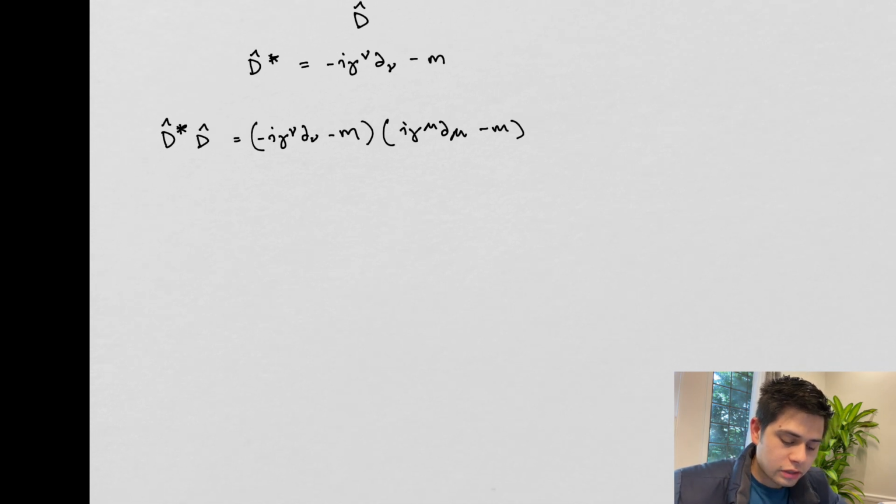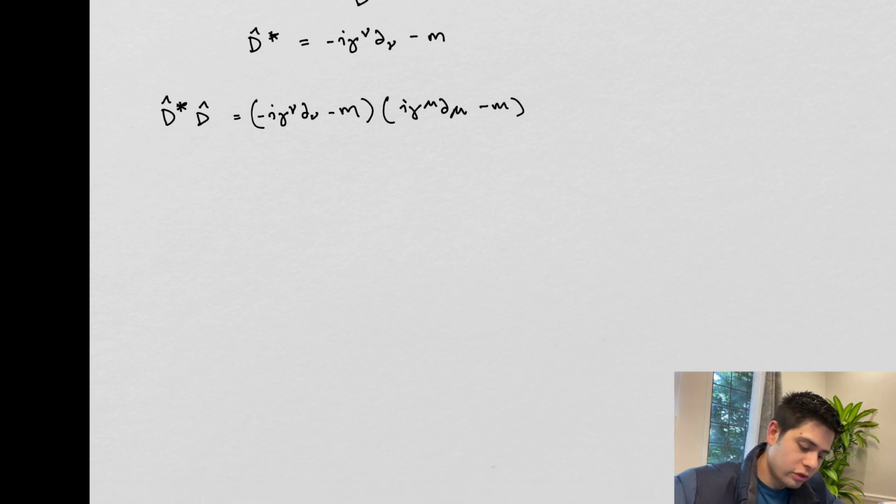Okay, and so we're on our way to something interesting here. Let's just keep on going. If we do this multiplication out, we get d_mu gamma^mu d_nu gamma^nu, and because i times i is minus 1, that minus sign is going to give us a positive.